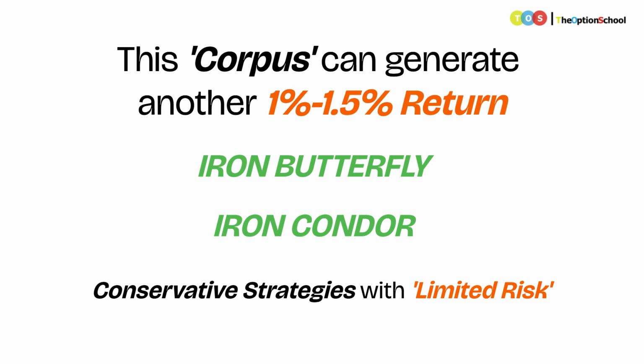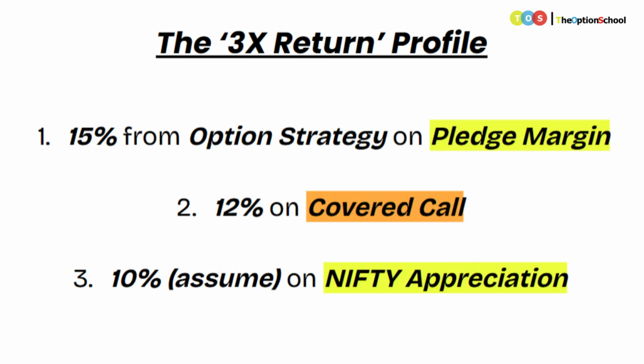So if they have the potential of giving you 2% per month, and they are able to give you that 2% per month, let us say for 9 months, that means they have generated 18%. For 3 months they have taken 1% loss, still they have generated 15% for you. So 15% through option selling from pledged margin, and 12% through covered call, and maybe 10% appreciation in Nifty.